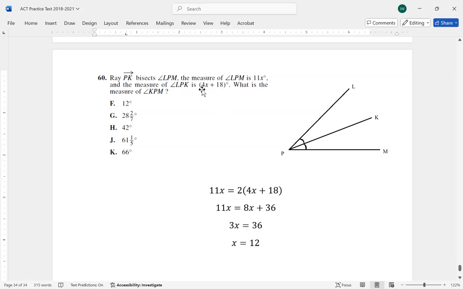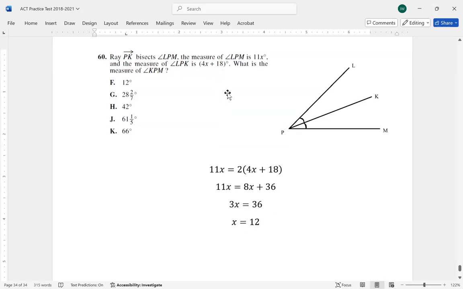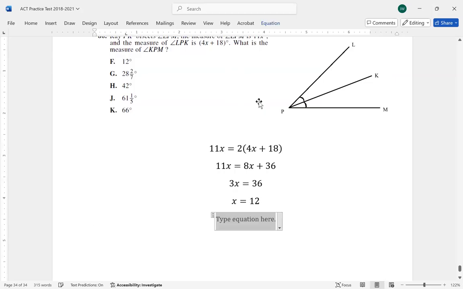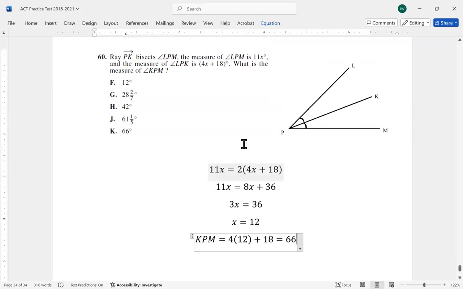So that's going to be the 4x plus 18. So angle KPM is equal to 4x plus 18. And now since I know my x is 12, that's going to be 4 times 12 plus 18. So angle KPM is going to be 66 degrees. Therefore, the answer to question 60 is K, 66 degrees.